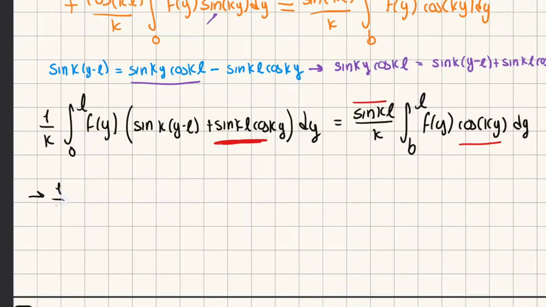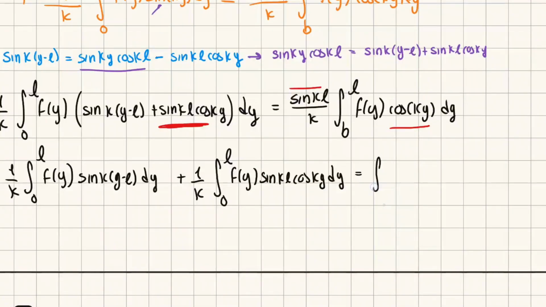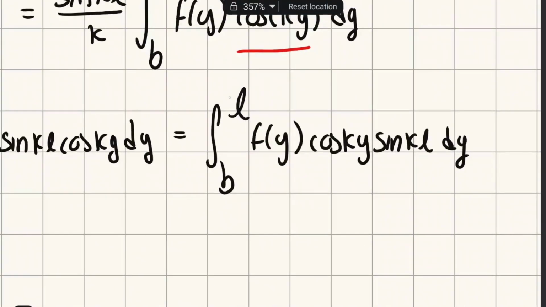So we are going to get 1 divided by k, the integral from 0 to L of f of y, sine of k times (y minus L) dy, plus 1 divided by k, the integral from 0 to L of f of y, sine kL cosine ky dy, and this is equal to the integral from b to L of f of y cosine ky sine kL dy. So notice that in this integral we can switch the order of the limits of integration just by taking a minus sign.